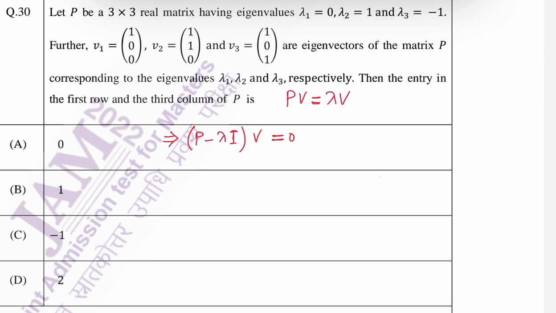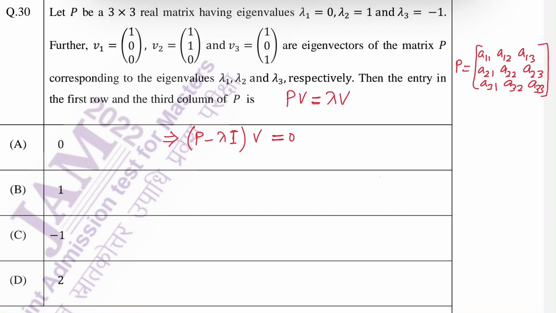Now let us suppose P, which you see in the question is a 3 by 3 matrix, so we can assume it to be A11, A12, A13, A21, A22, A23, A31, A32, A33. Okay.